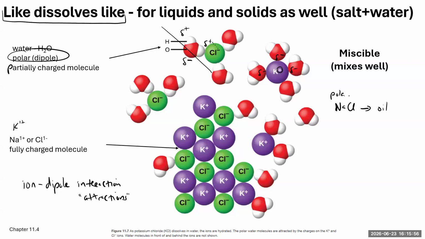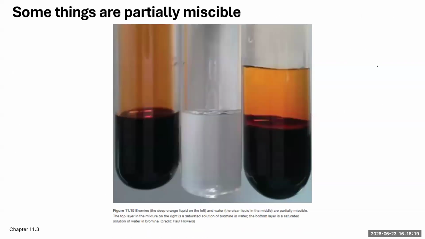So this is polar and this is non-polar. Won't mix, right? So again, like dissolves like for liquids and other liquids, and for liquids and solids. Same with gases. As long as they're polar or non-polar, they will dissolve in each other, right?